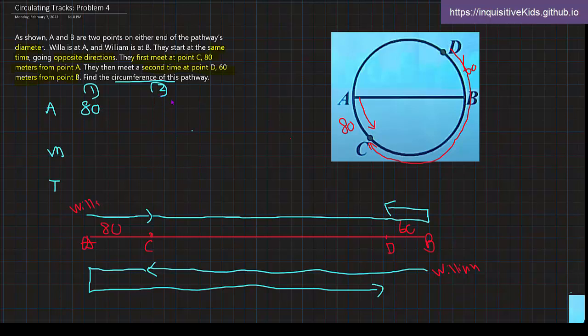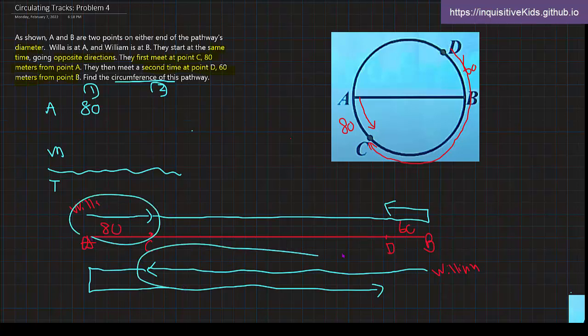Now for the second meet, do we have any chance of figuring that out? We're not sure how far she went, so I'm not sure what to fill in. But let's look at our total section. For the first meet, if you add these two parts together, they add up to one full length of AB.